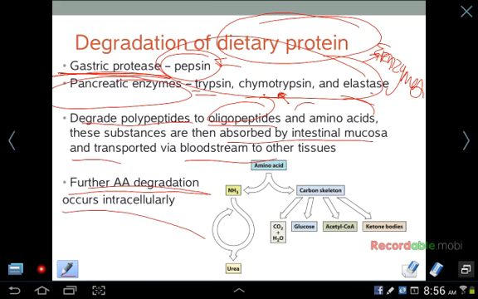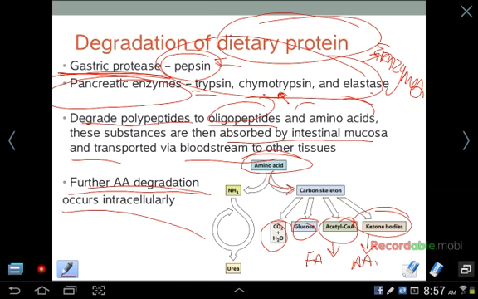So we can see once we have amino acids in the cells, they can be degraded to carbon skeletons, either sent through the citric acid cycle, sent through gluconeogenesis, or becoming acetyl-CoA, which then can become fatty acids or ketone bodies, right? Okay, which can then be used for either the citric acid cycle, fatty acids, or other amino acids.